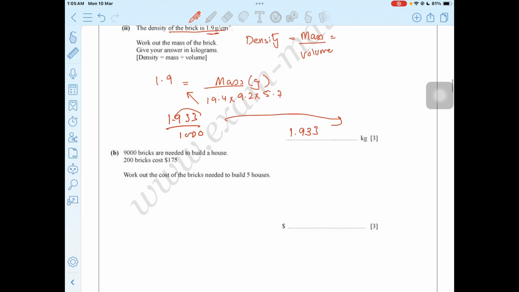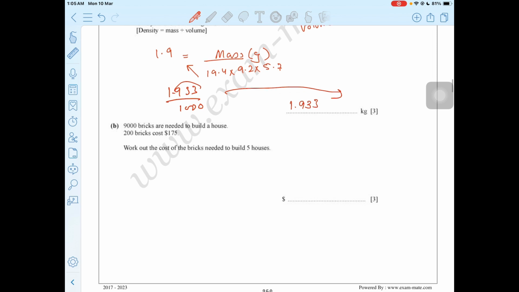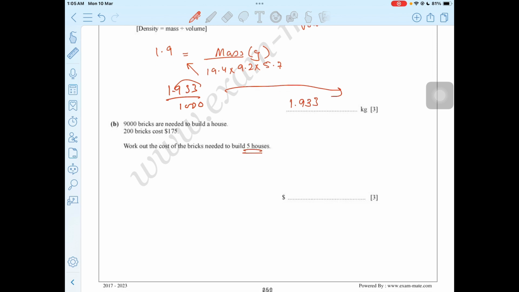Now we have 9000 bricks are needed to build a house. 200 bricks cost $175. Work out the cost of the bricks to build 5 houses. We need to make 5 houses, right? And 9000 bricks are needed. So 9000 multiplied by 5 simply is 45,000, right? 200 bricks cost $175. We need the amount for 45,000.